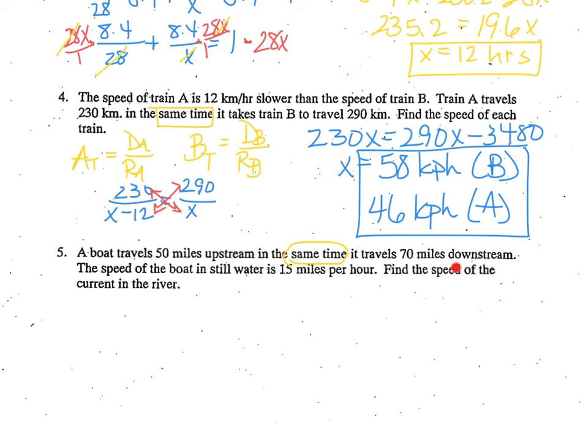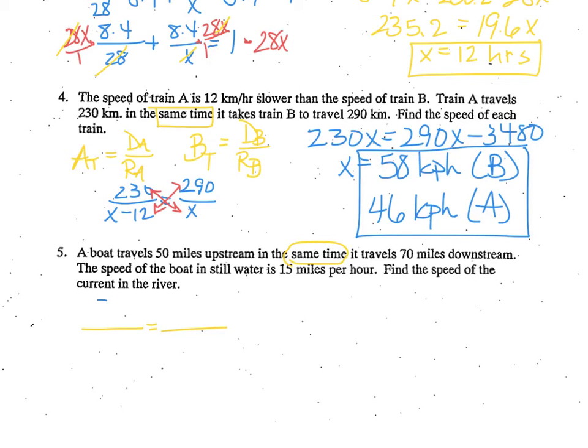It's going to be going faster downstream as it gets pushed. It's going to be slower upstream as it gets pulled. So our distance and our rate, look up in your formulas, up on those that I told you to print out. We're going to solve this equation. Same time means distance over rate equals distance over rate.